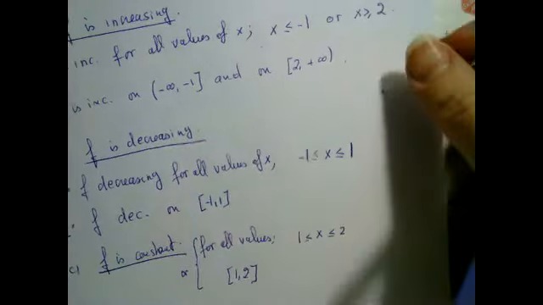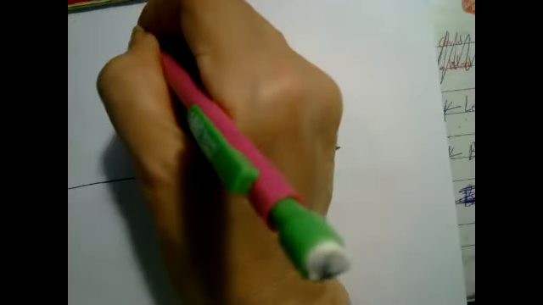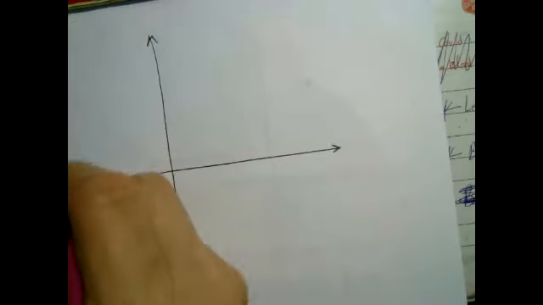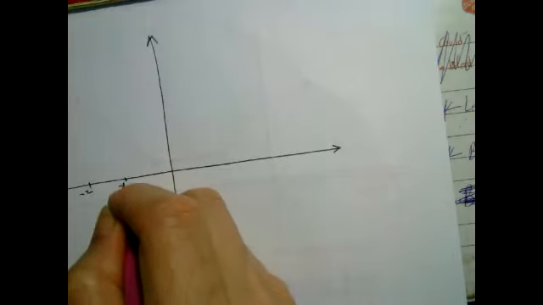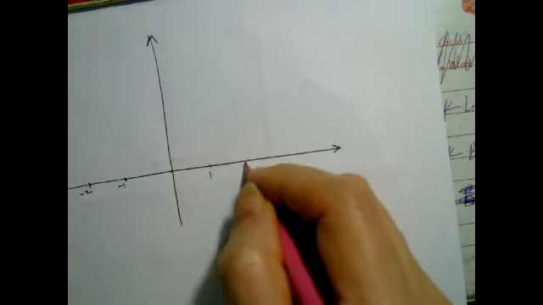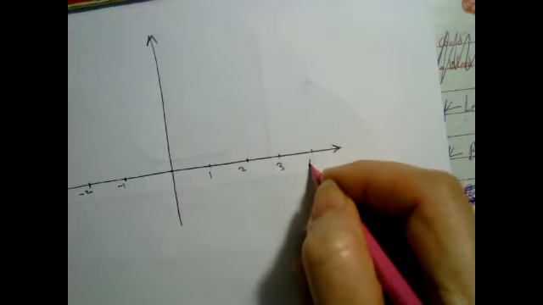Okay, let's do another one very quickly. And this time, I hope all of you should be able to answer me. So I'm going to sketch the graph. I sketch it in front so you guys can copy it. So my graph will look like this. That's -2, -1, 0, 1, 2, 3, 4.